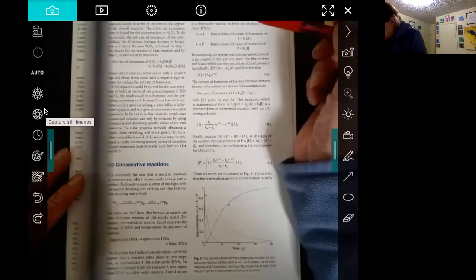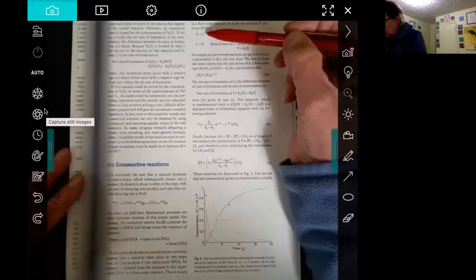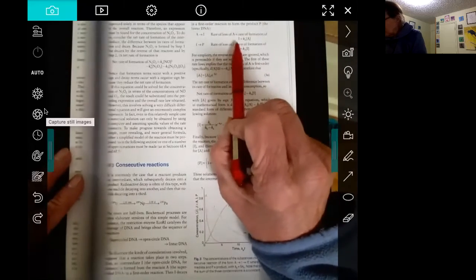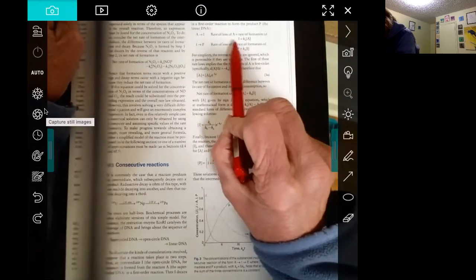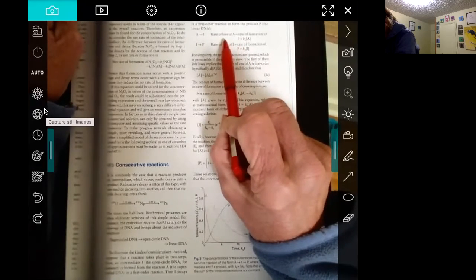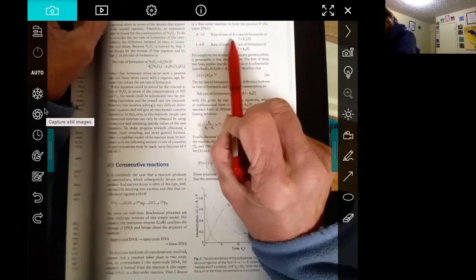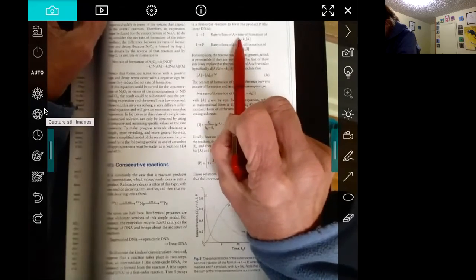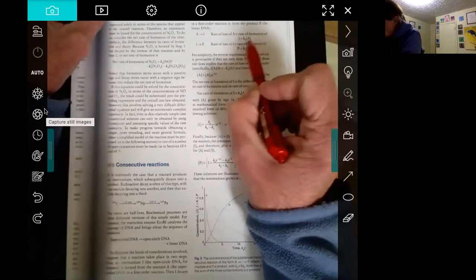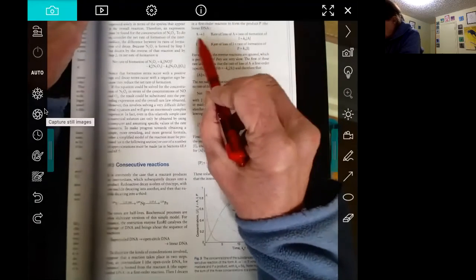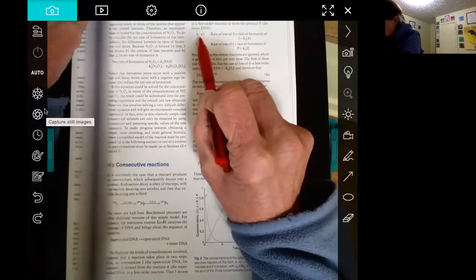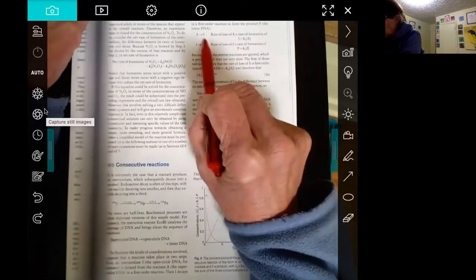So we're going to talk about the loss of A. A goes to I, and then I goes to P. The loss of A equals the rate of formation of I, which equals Ka times A to make I in that step.